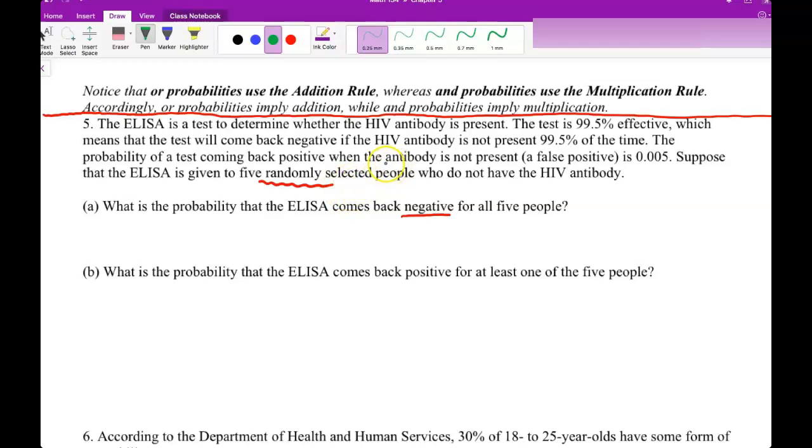So what is given? We have the false positive, and we have that the test comes back negative if the HIV antibody is not present, which is this one. I'm writing that part here. The probability of negative is 0.995, and positive is 0.005.